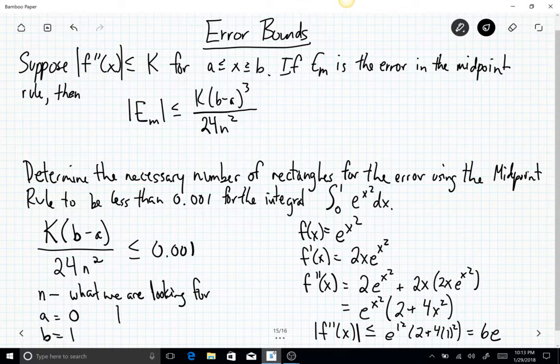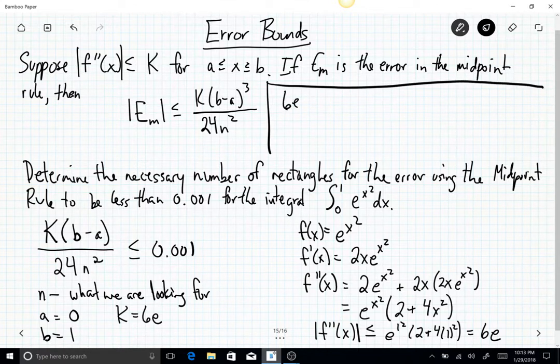So our k value, and we could choose something larger, but we'll choose it as close as we can, because the closer it is, the closer your bound will be for that n value. So we say 6e. All right, so we got all that business. So now, taking that to finish, I'll move that up here in this little gap.